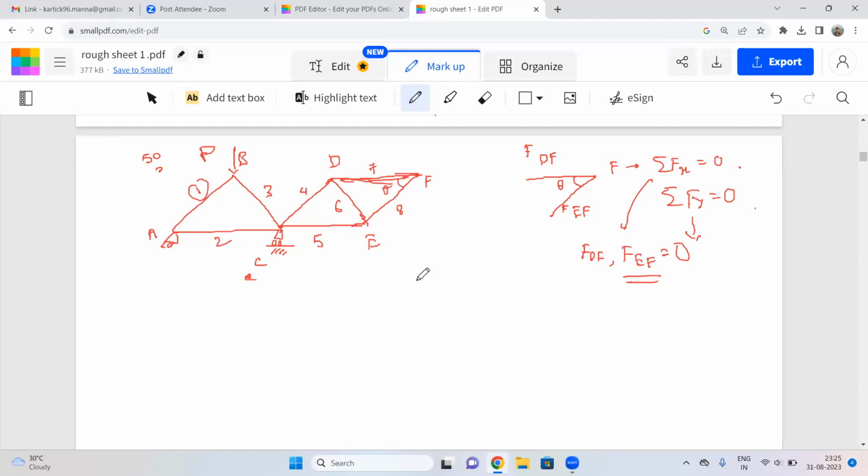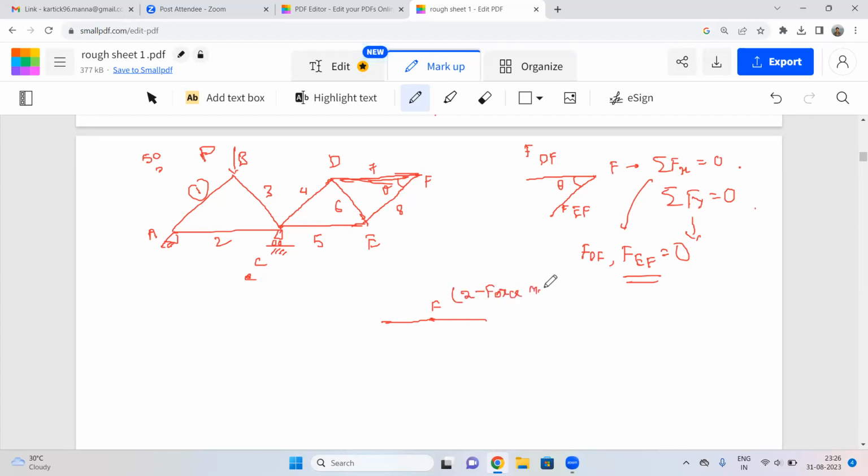That is one shortcut thing. Look, if two members are parallel from a point, in that case, what will happen? If there is no other force, suppose at point F, that is a two force member only.